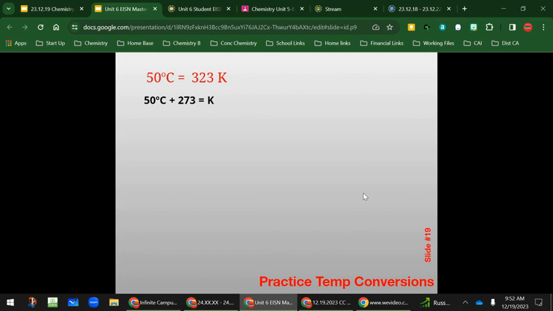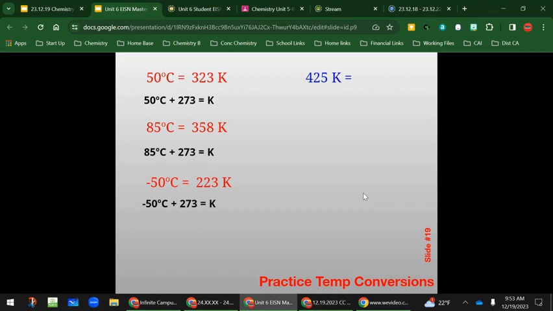What if it was 85 degrees Celsius? 358 Kelvin. Notice no degree sign, the letter K for Kelvin. What if it were negative 50? 223 Kelvin.